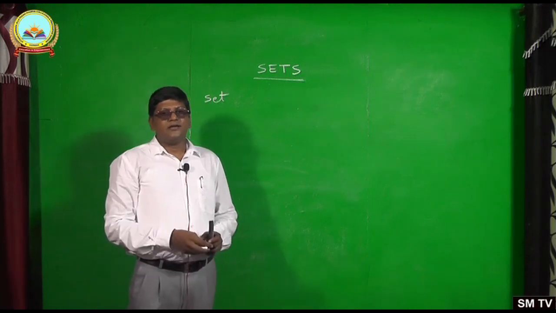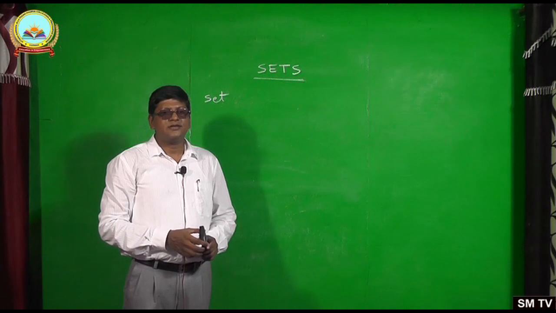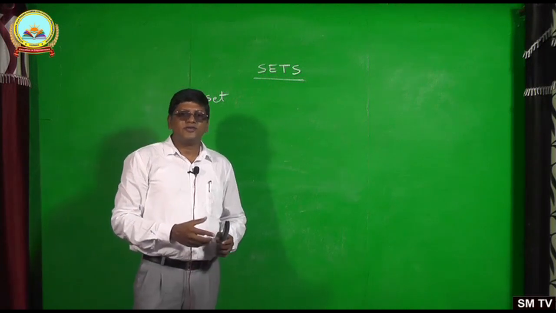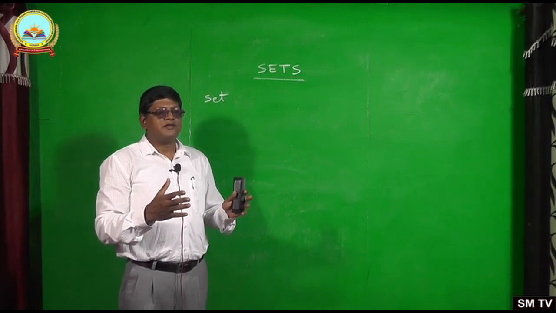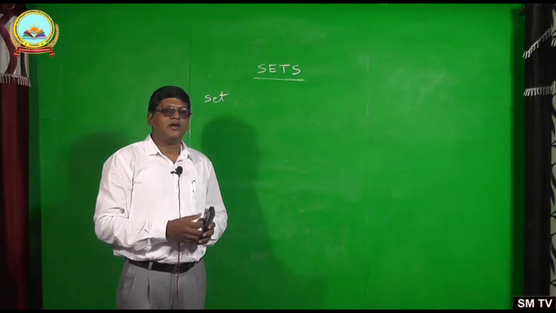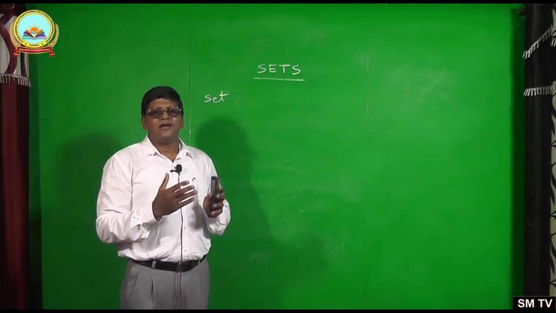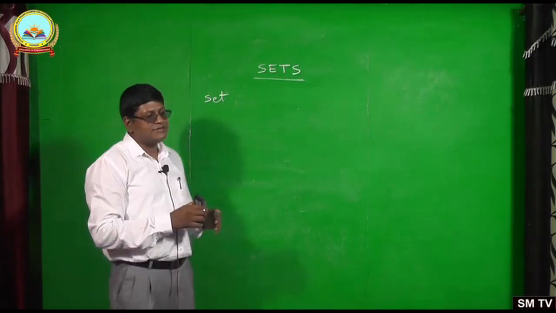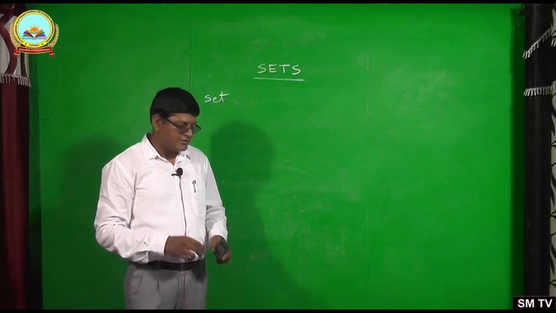In our daily life, we come across certain collections of objects, like a collection of books in your study room, collection of plates in your kitchen, collection of photos in your hall, etc. Now we are going to see what kind of collections are called sets. First, I am going to write the formal definition of set.